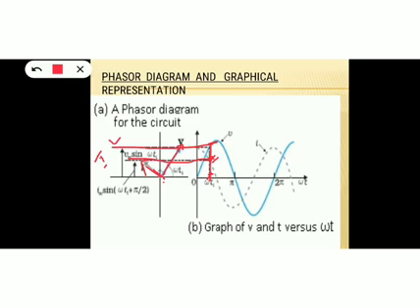Okay, so here this is the phasor for current. Again, the magnitude of current is less than that of voltage, so that's why the amplitude of current graph is less than the amplitude of voltage graph. So the length of the vectors also will be different. The length of current phasor will be less than the length of voltage phasor.